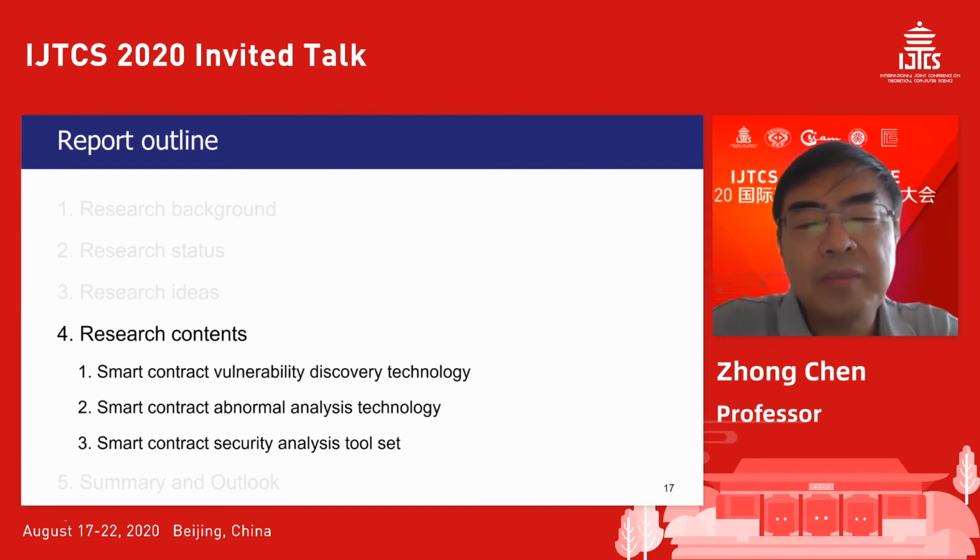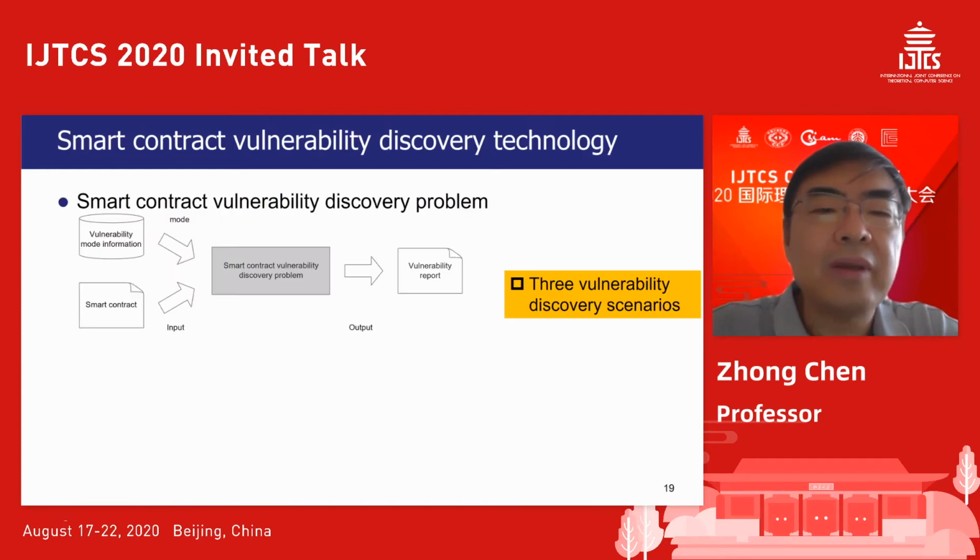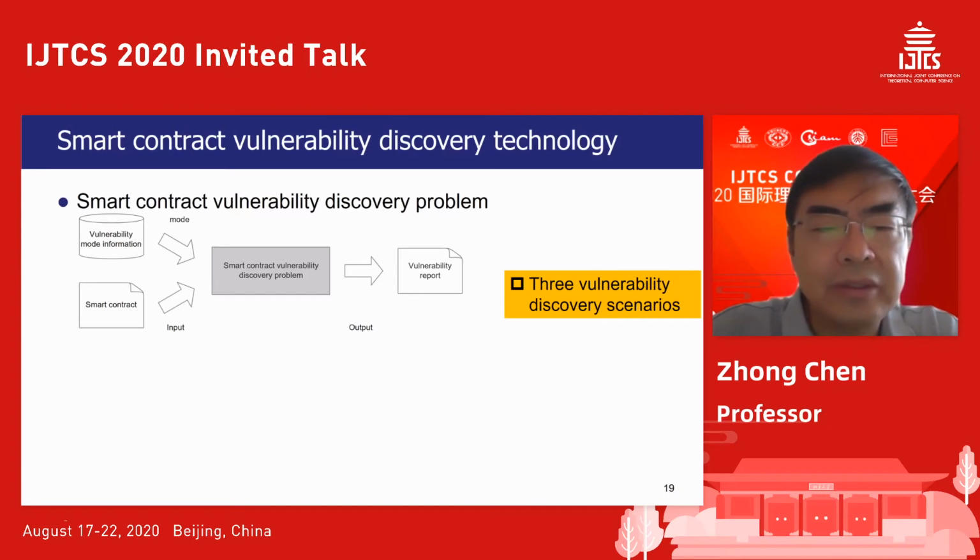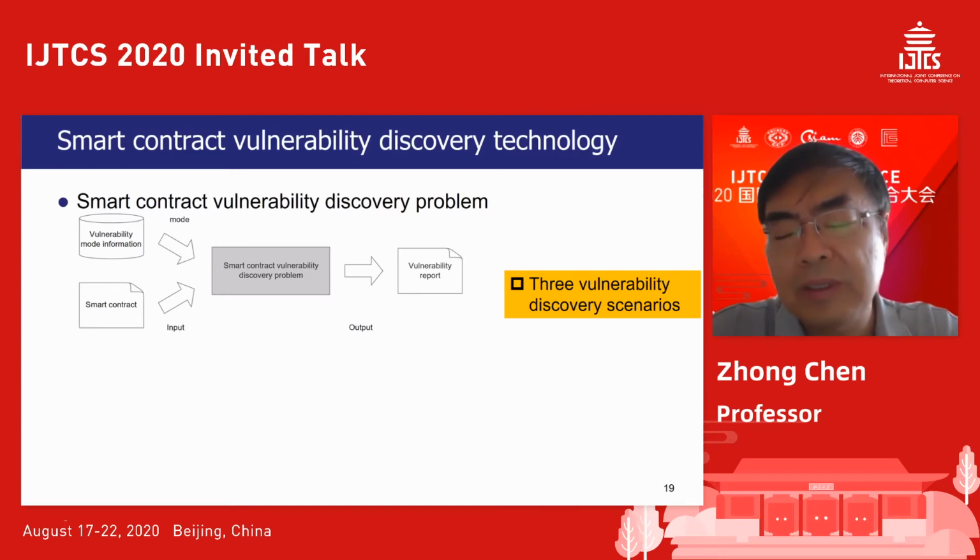The first one is smart contract vulnerability discovery technology. Normally, the smart contract vulnerability discovery problem involves getting vulnerability mode or pattern information to build the repository, taking a smart contract as input and generating a vulnerability report.